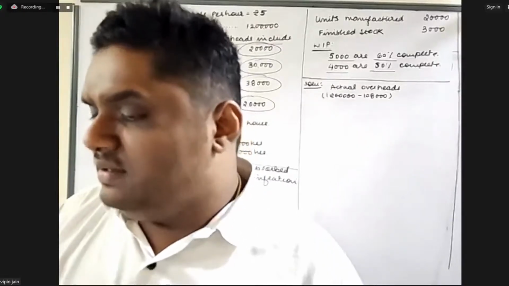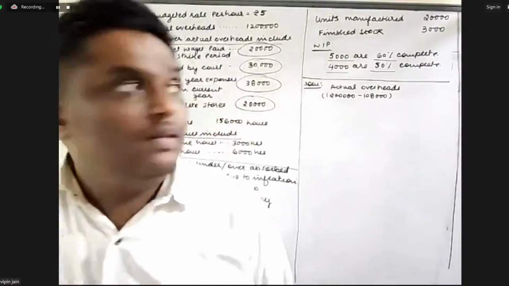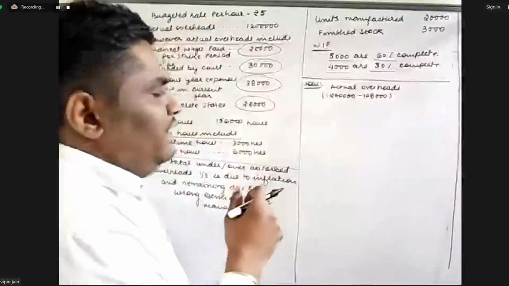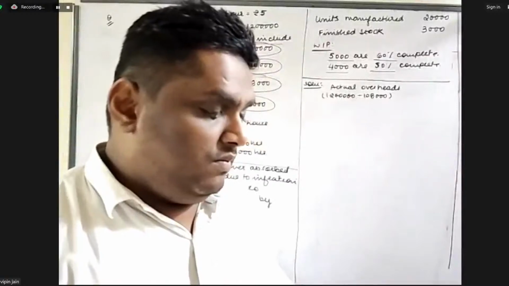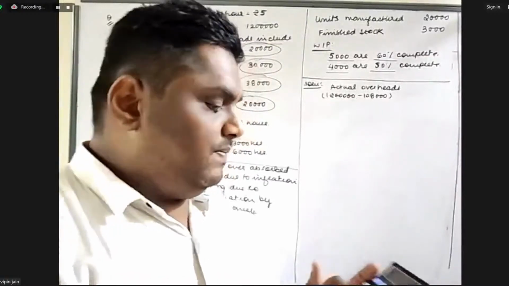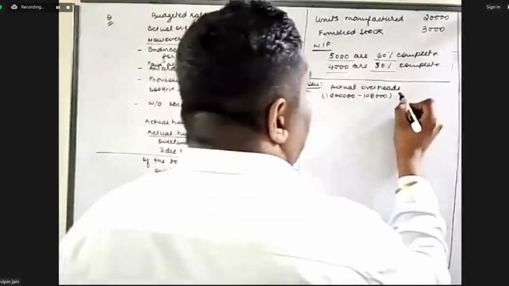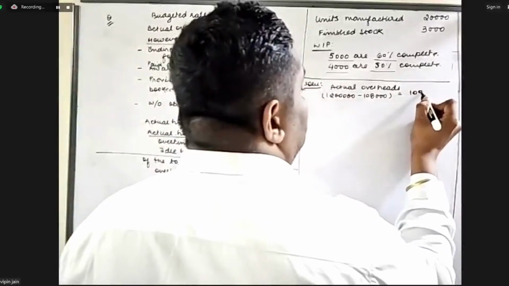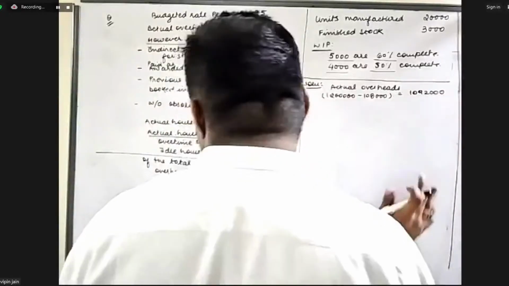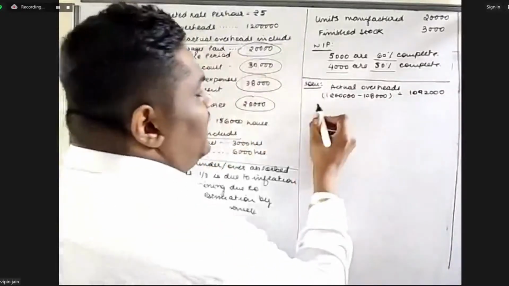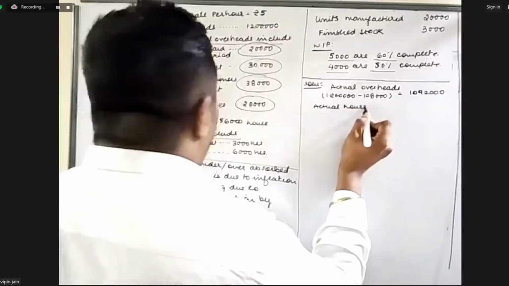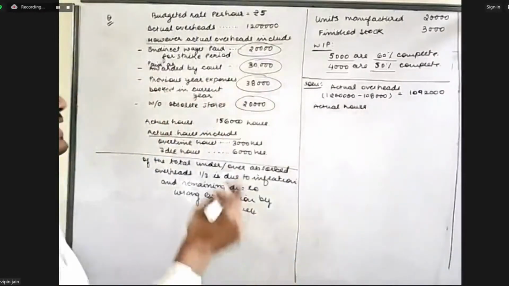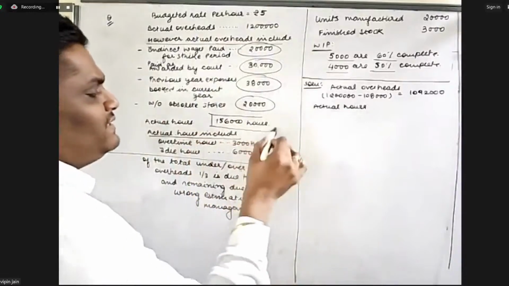Now, I have got the actual overhead, that is 12 lakh minus 1 lakh 8,000, which is 10 lakh 92,000. This is my actual overhead. Now, when talking about my actual hours, actual hours are 1,56,000.